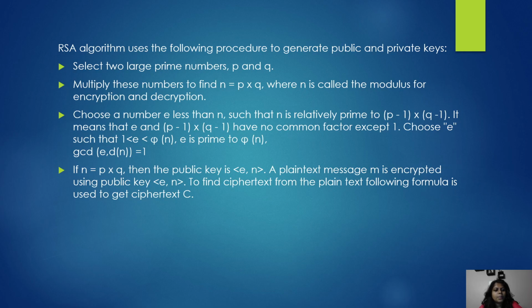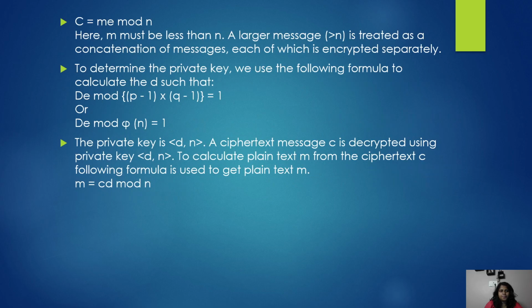If n is equal to P into Q, then the public key is E comma n. A plain text message M is encrypted using the public key E, n. To find the ciphertext from the plain text, the following formula is used to get ciphertext C: C is equal to M^E mod n. Here M must be less than n. A larger number, which is greater than n, is treated as a concatenation of messages, each of which is encrypted separately.